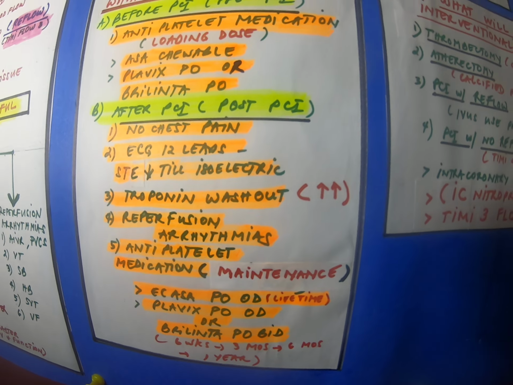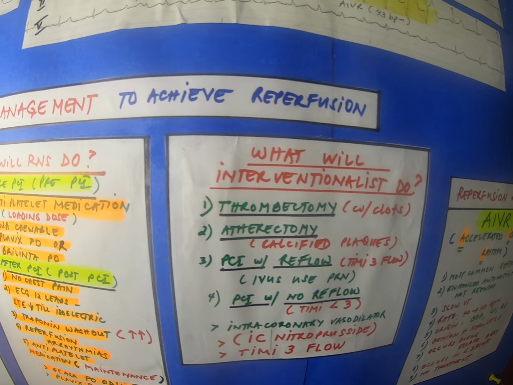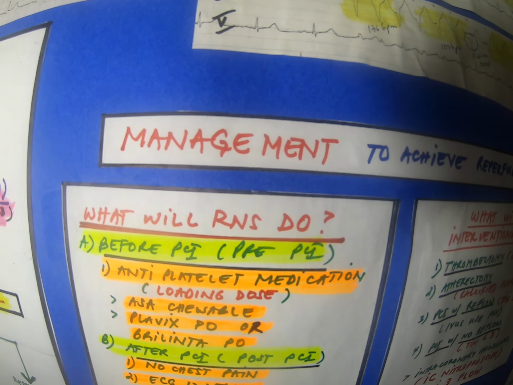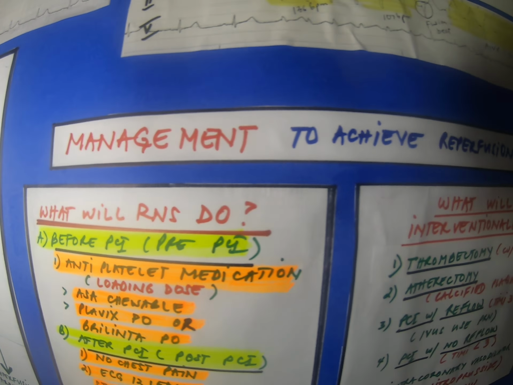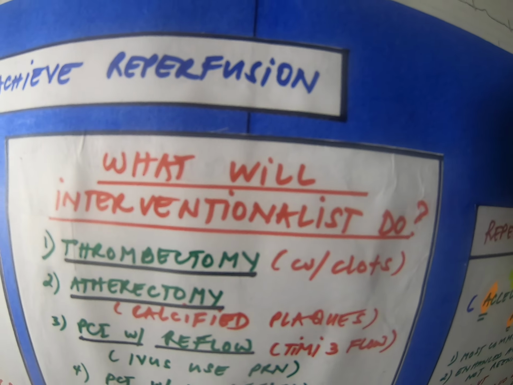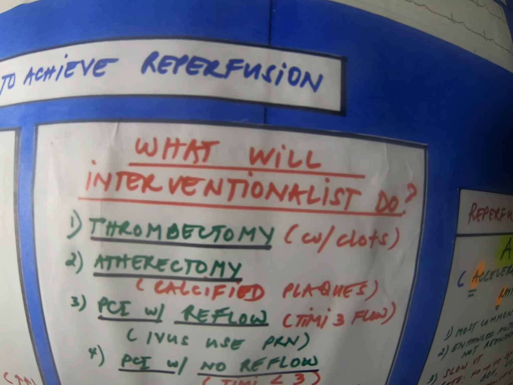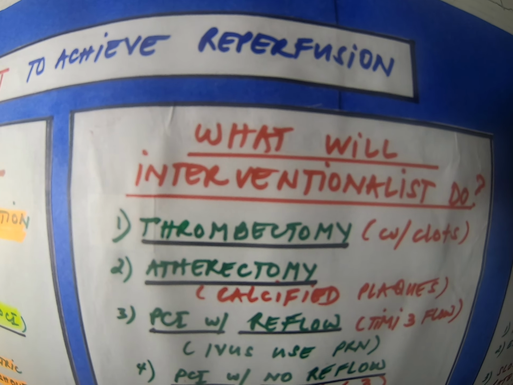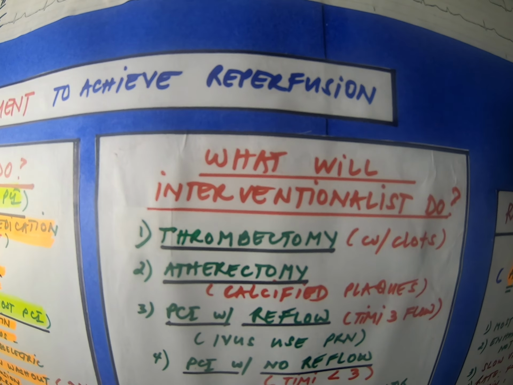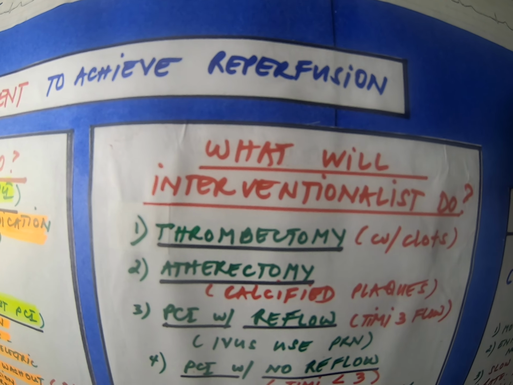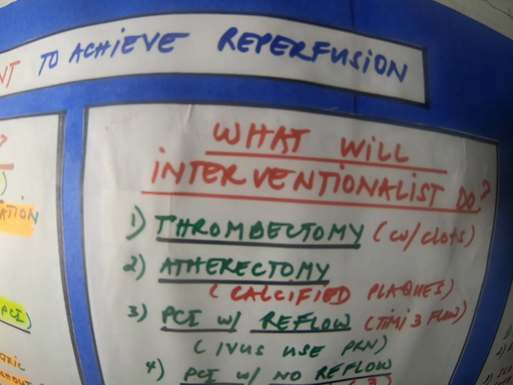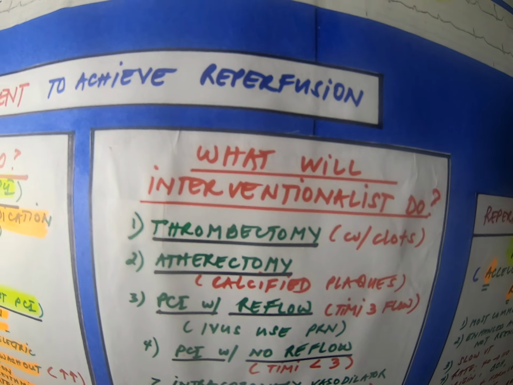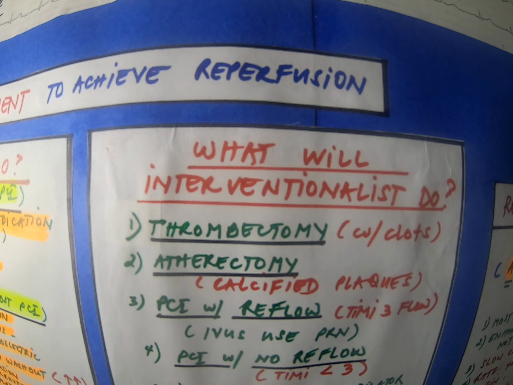So this is the part of the RNs, what they're going to do in managing to achieve reperfusion. And how about our interventionalist? When the patient is in the cath lab and clots are found in the coronaries, the interventionalist will clean up the coronaries. A clot aspirating catheter will be inserted by the interventionalist to collect these clots.